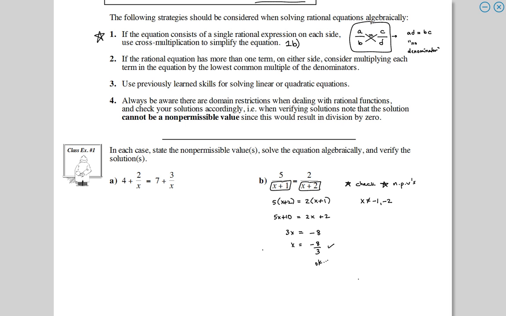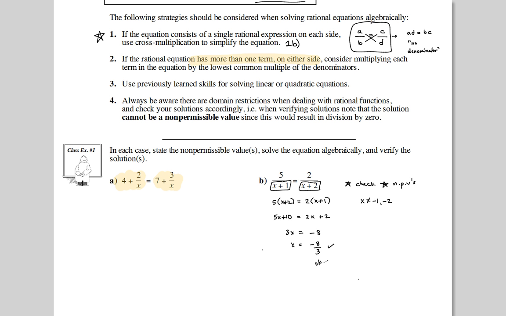Okay, so let's look at step 2. If the rational equation has more than one term, does that look like A? More than one term on either side. So highlight that whole thing. More than one term on either. That looks like this. It says, consider multiplying each term in the equation by the LCM.